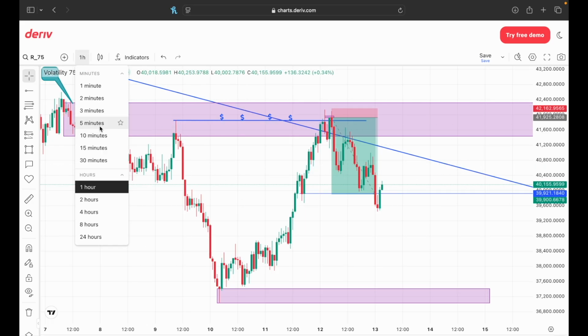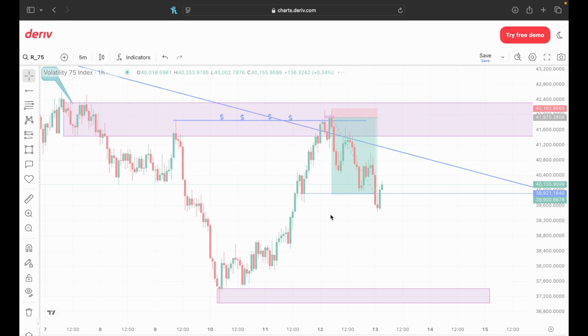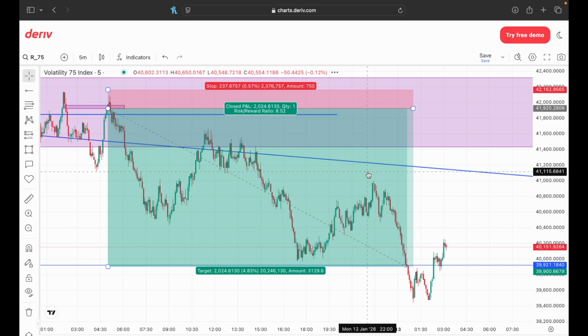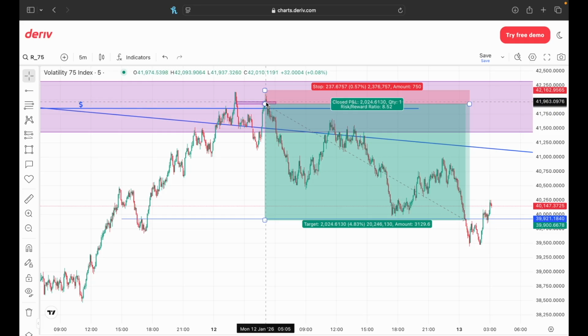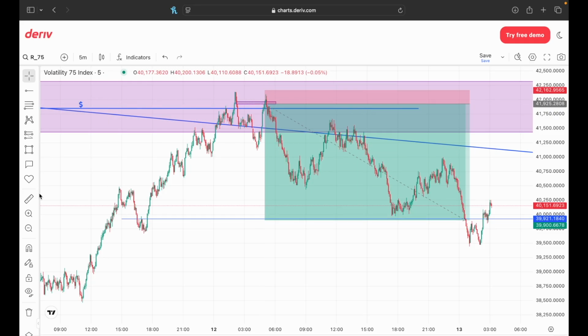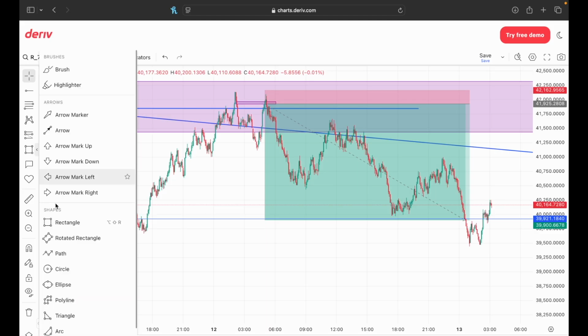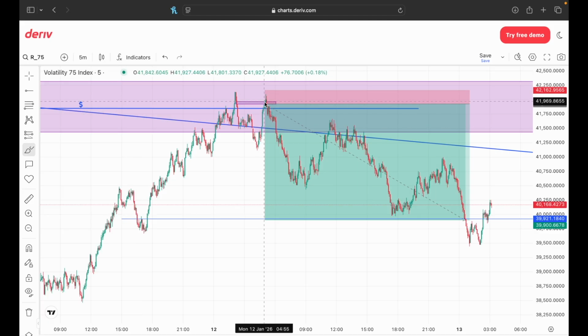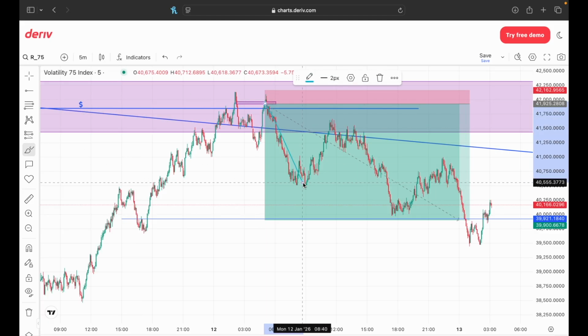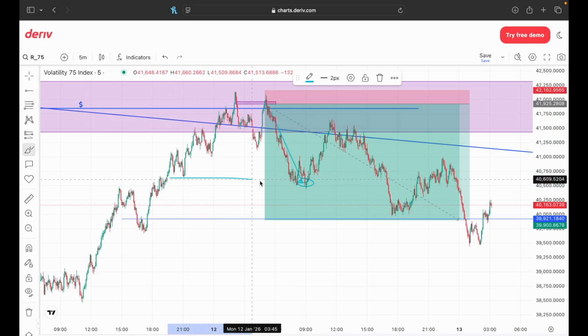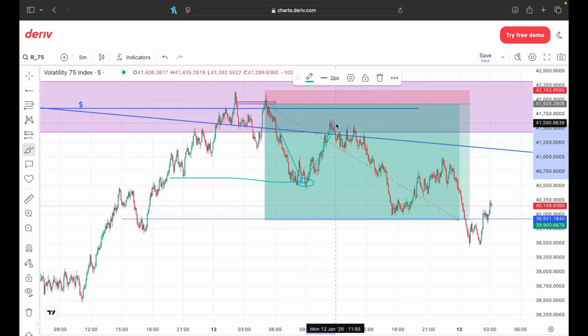So with this trade, I took my initial position right here. As you can see, price did this thing, and we got a nice push down. But then we got some retracement. Now pay attention to this part.